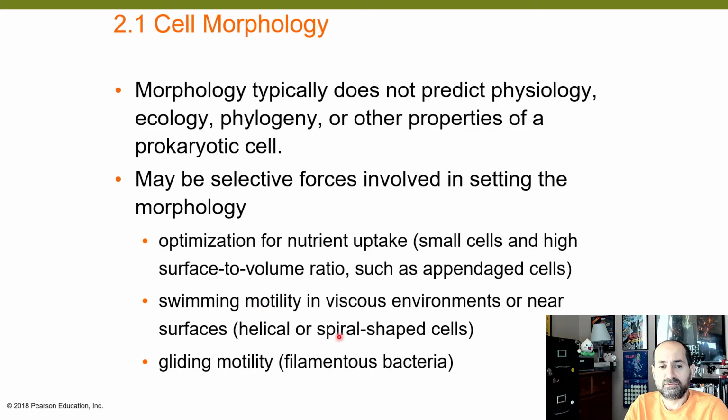For example, the spirochetes are spiral shaped, and a lot of them have this twisting ability where they can corkscrew through viscous materials, right? So their spiral shape allows them to corkscrew. And then you can have gliding motility. The filamentous bacterium exhibit a type of motility called gliding motility, which we'll explain later on.